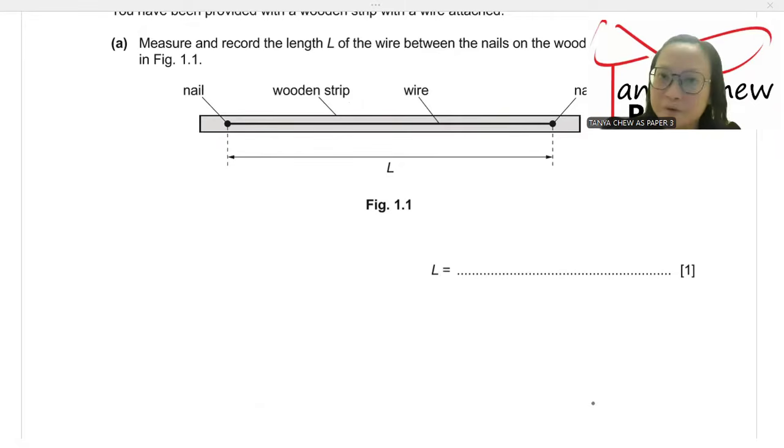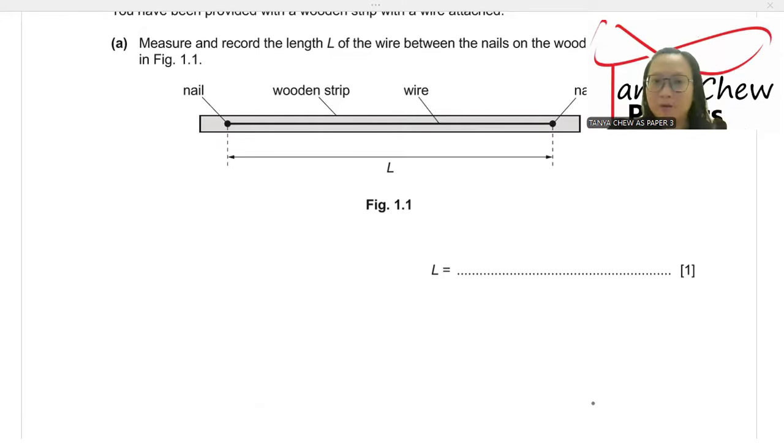Whenever you use apparatus, before you write down your reading, the first thing that has to appear in your mind is the absolute uncertainty. Absolute uncertainty in Paper 3 means the sensitivity or the smallest division of that particular apparatus.